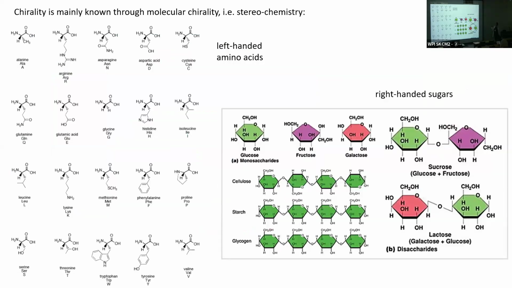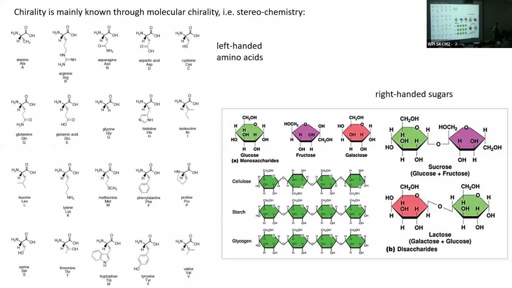And we know that this is often the case in chemistry, where we have left and right-handed molecules. And interestingly enough, if you look at the amino acids, all of these guys here, except the very first one, the very first one is achiral, the smallest one. But all other ones are all left-handed.